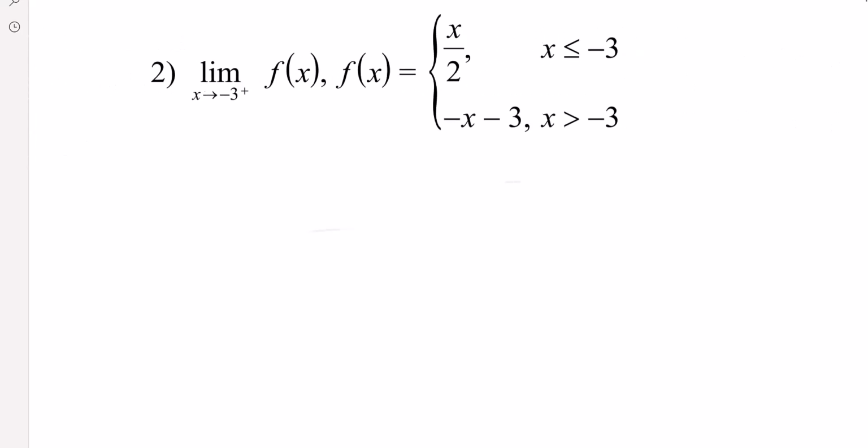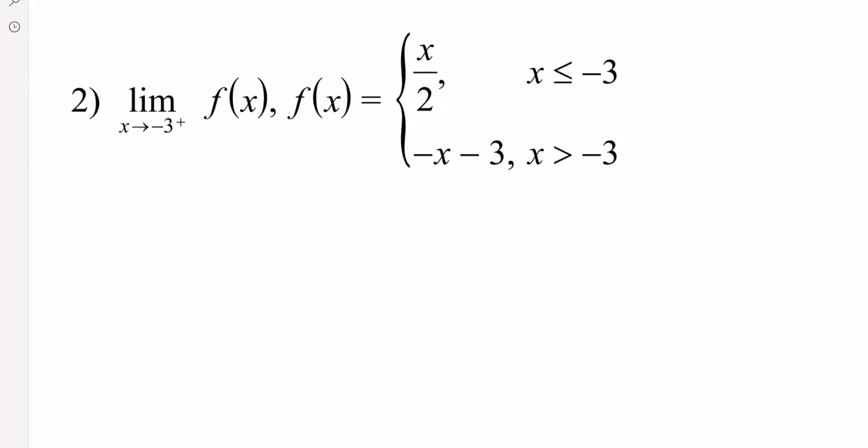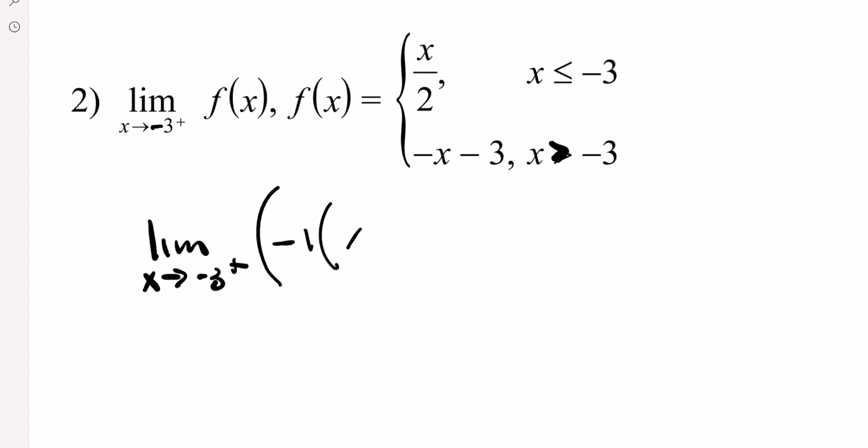Okay, this one's a little bit more complex. This is still negative 3, the right side. So this one's the right side. So the limit as x approaches negative 3 from the right. Now what I recommend you doing on this one is extracting that negative 1, then putting x plus 3.